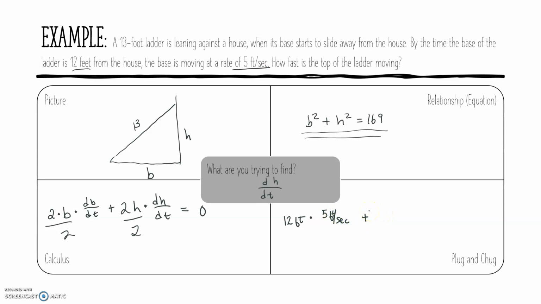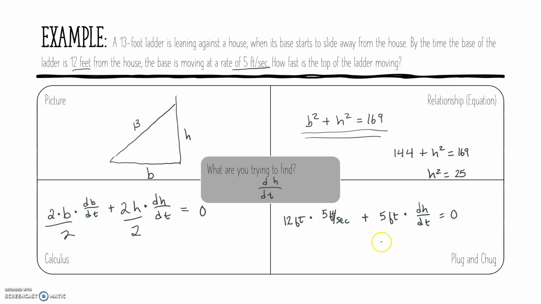Oh, we don't know h, but we can figure out h because b is 12, so we have 144 plus h squared equals 169, so h squared equals 25, so h must be 5. And dh dt is what we're trying to find.